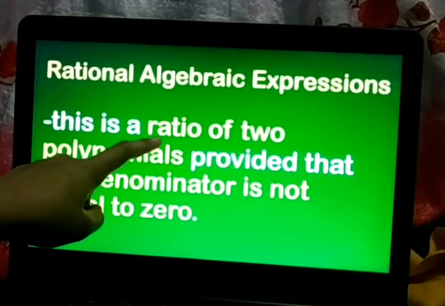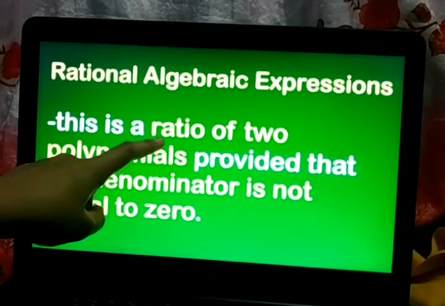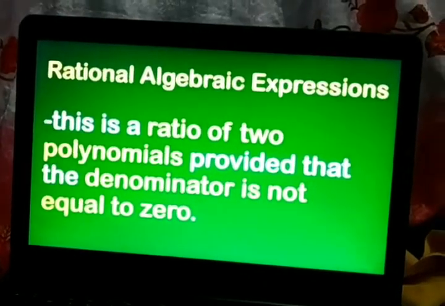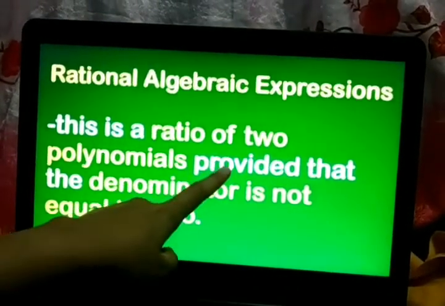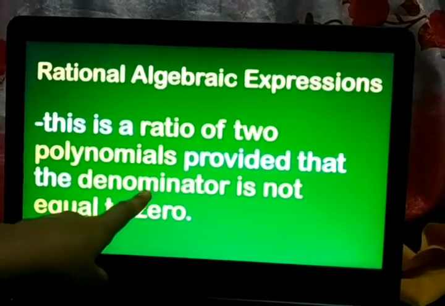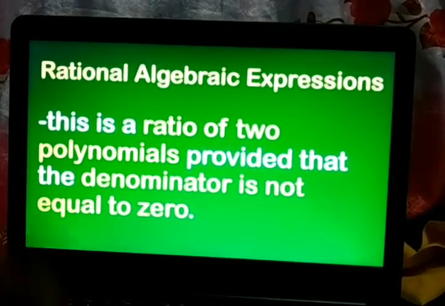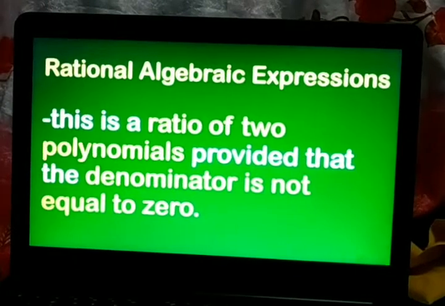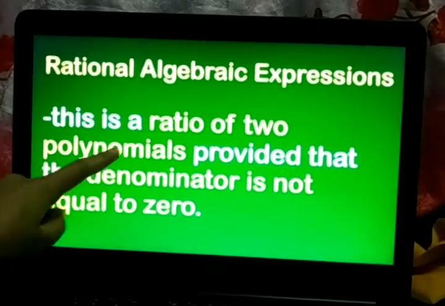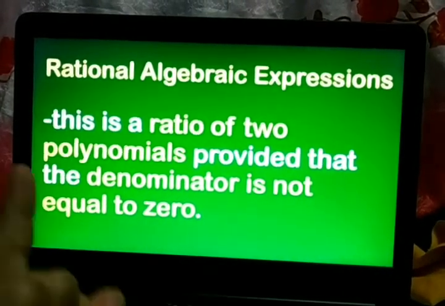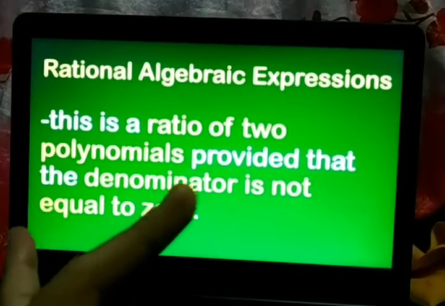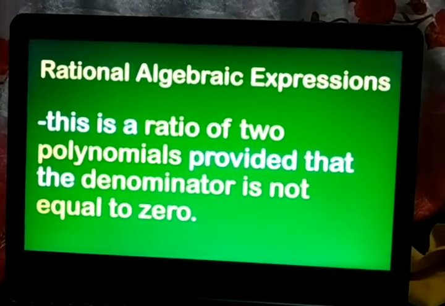Ratio means this is in the form P over Q, or division, provided also that the denominator is not equal to 0. Again, number 1, it must be a ratio of two polynomials. And number 2, the denominator is not equal to 0.